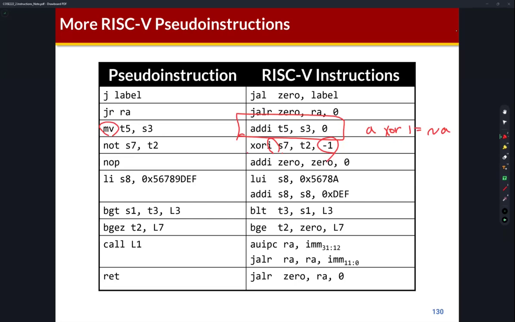And -1 is all ones in 32-bit data. So exclusive or with all ones is the bitwise not A. And then nop. What is nop? Nop represents no operation.